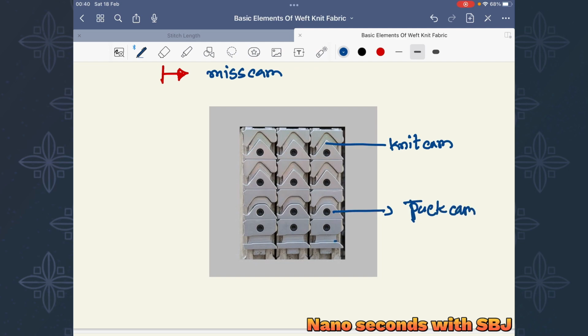Here you can see the last one is called the miss cam. According to the arrangement of the cam, the design will be of various types. If you want to get more different types of design, then you have to arrange the cams with different steps and in different ways.